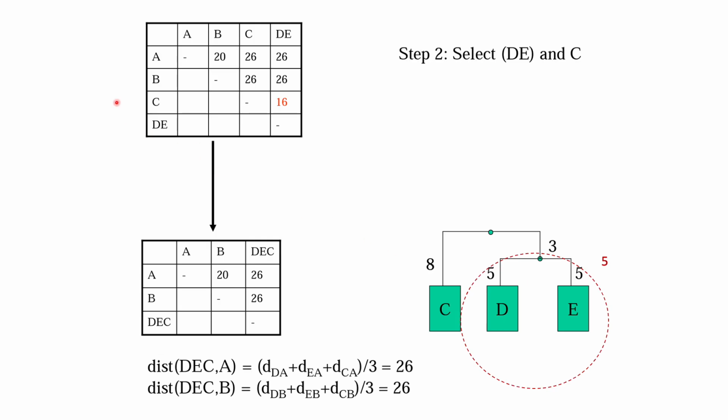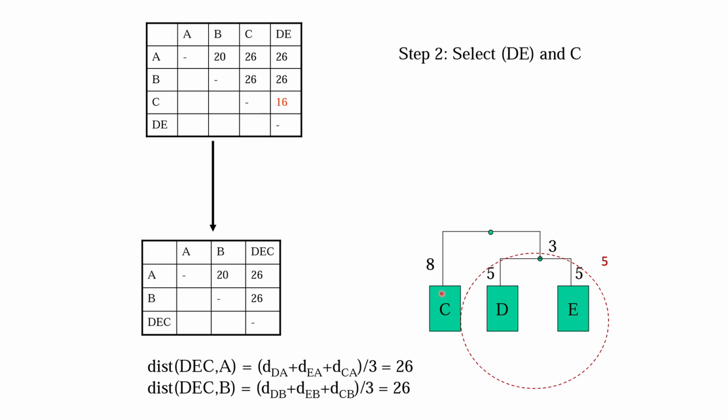And again, recomputing the nodes based on their distances, here 16 is the smallest value. This means that DE is closest to C. So we add branch C here and distribute the scores as 8 plus 8 to add up to 16.